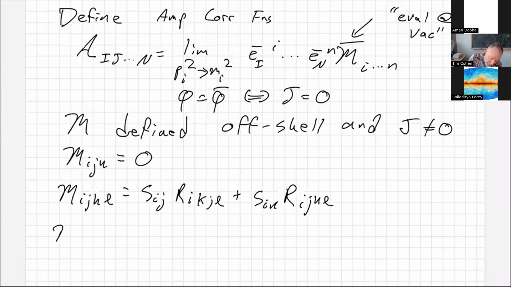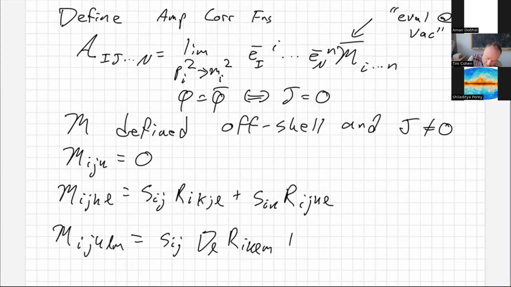And the 5-point, Ijklm, is something of this form. That's an R. Riklm plus other terms that look like this, okay?